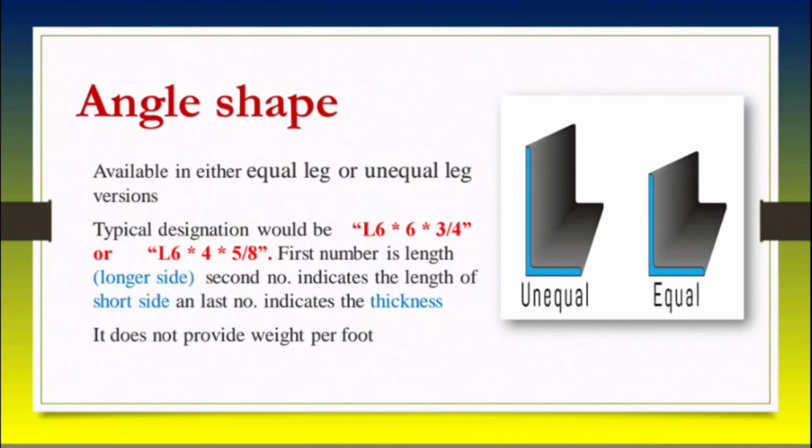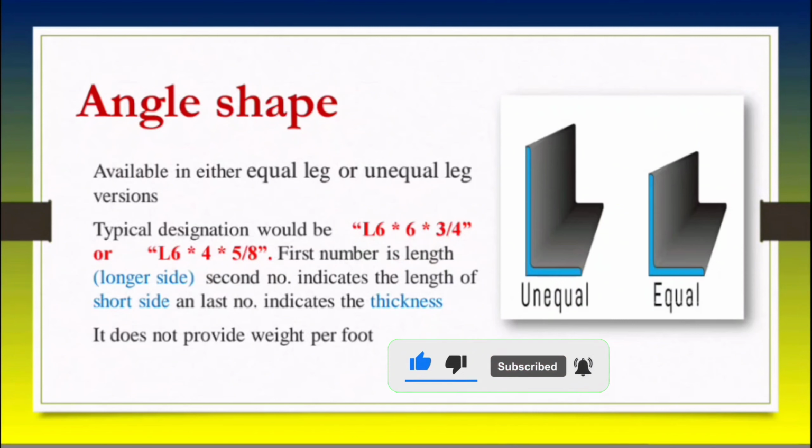The typical designation for equal leg is that L represents the angle shape, 6 represents the long length, the other 6 represents the second length, and 3/4 represents the thickness of the section.